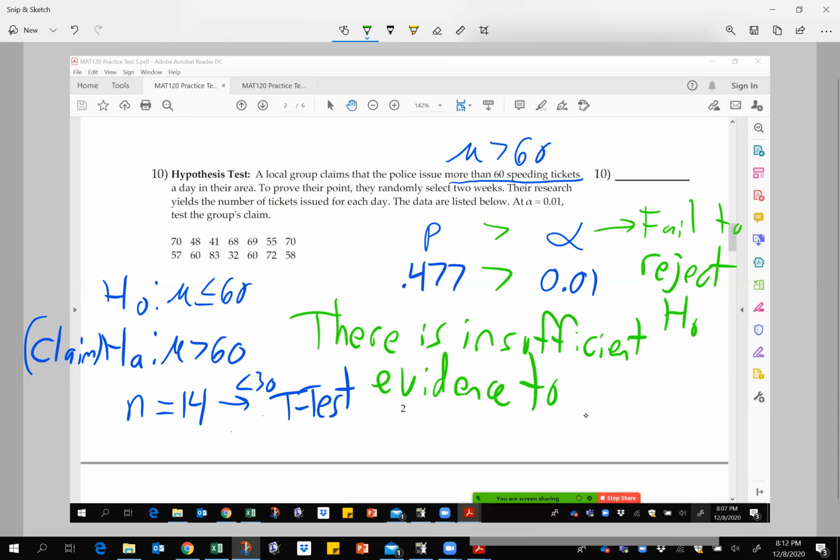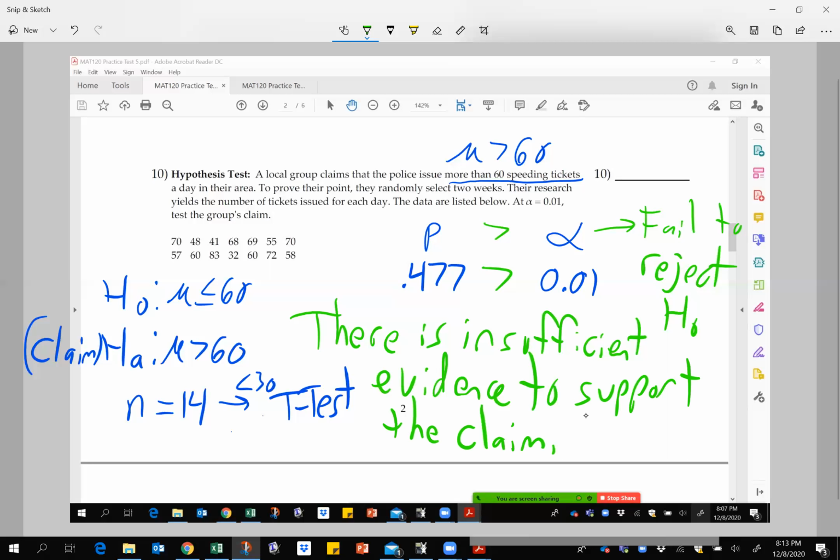Because the claim is the alternative, the second half of our conclusion needs to end with to support the claim. So there is insufficient evidence to support the claim.